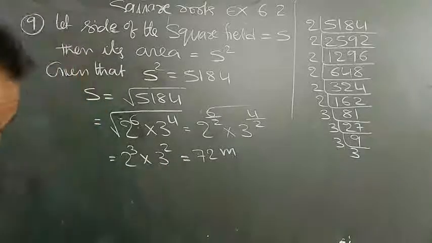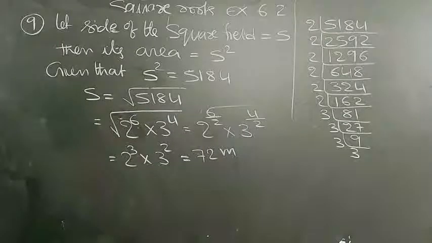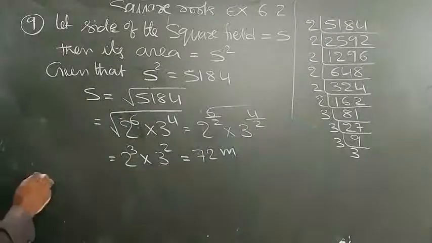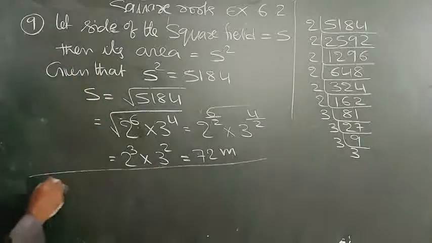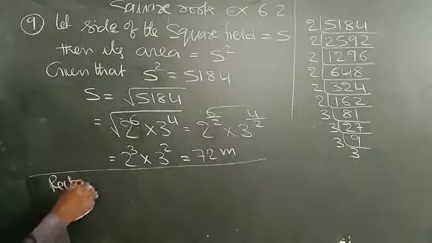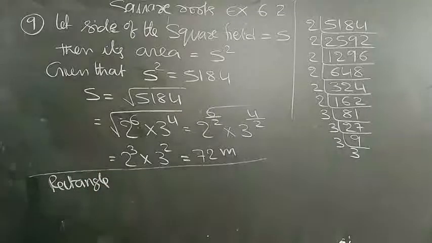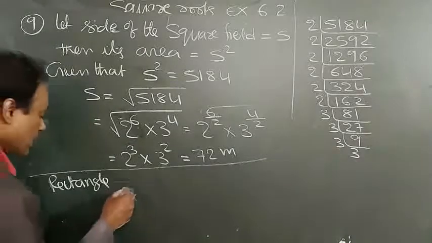Now the rectangle. Find the area of the rectangle whose perimeter is equal to the perimeter of the square. Now the rectangle starts. Length is equal to twice the breadth.